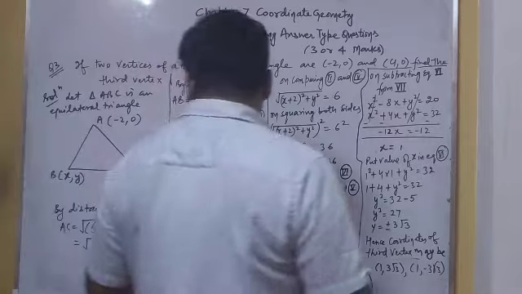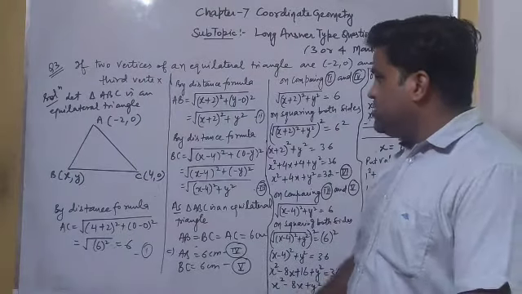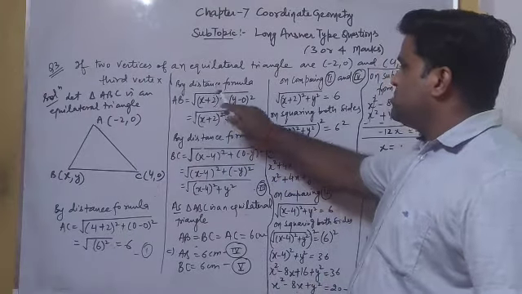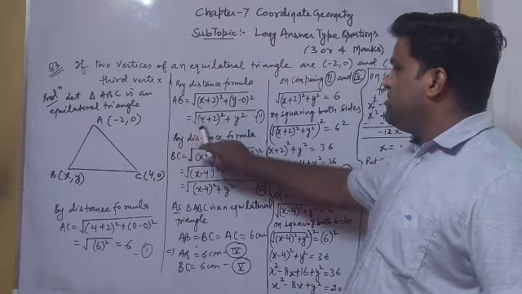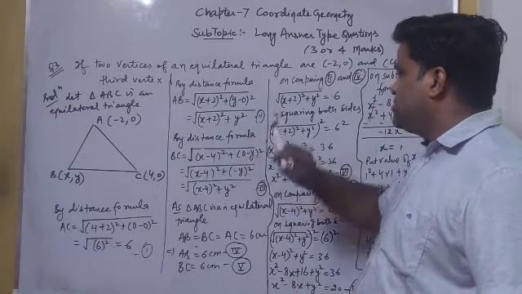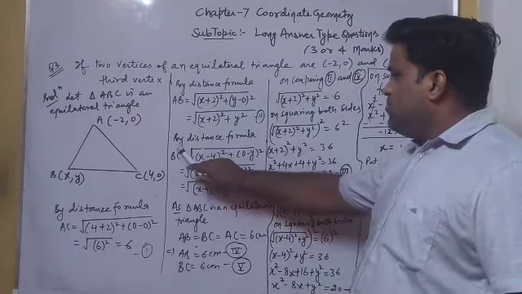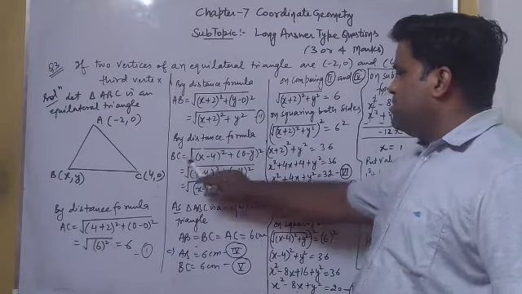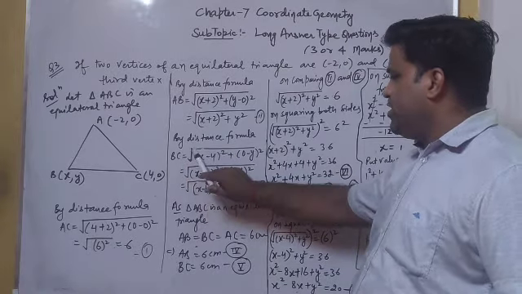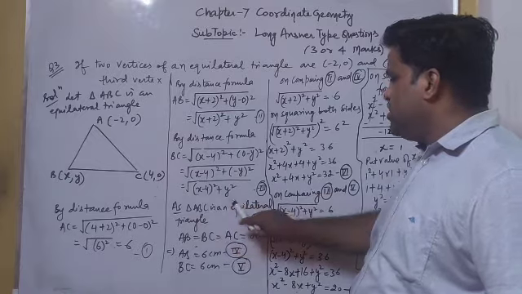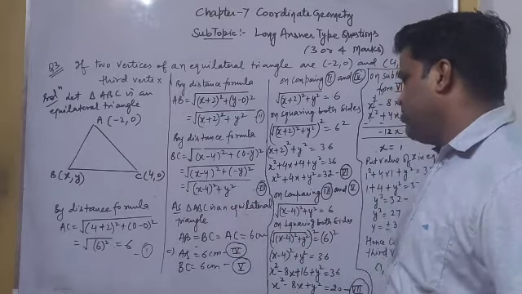By applying the distance formula, we consider it as the first equation. Similarly, the distance between A and B is given by this equation, which we consider as the second equation. Again, applying the distance formula between B and C, we get this equation, and we consider it as the third equation.